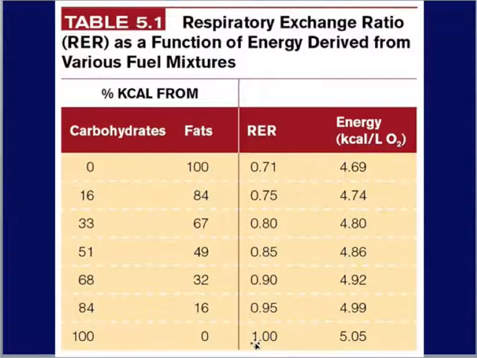If we have an RER of 1, we're burning all carbohydrates and no fats. If we have an RER of 0.85, we're getting approximately 50-50 from fats and carbohydrates, a little bit more from carbohydrates. This is the percentage of kilocalories coming from either fats or carbohydrates.